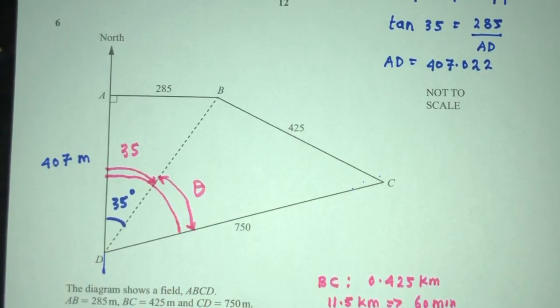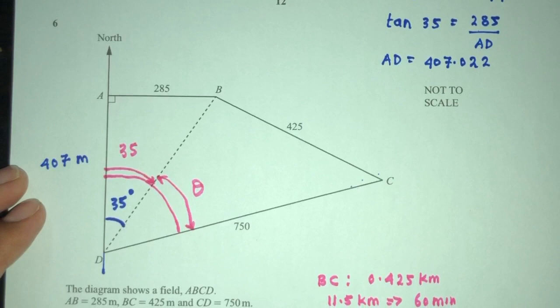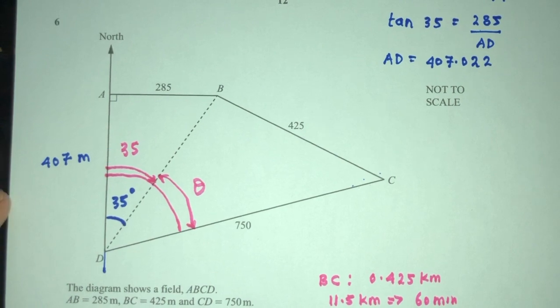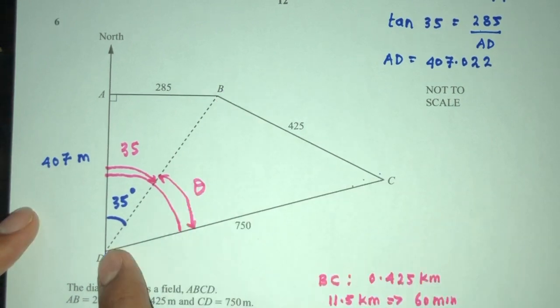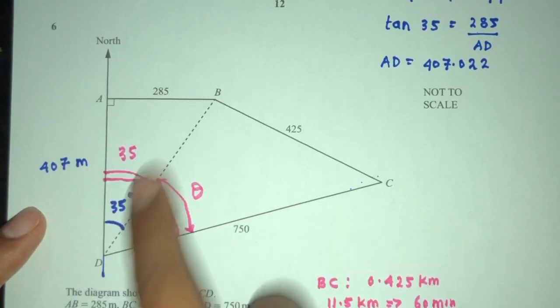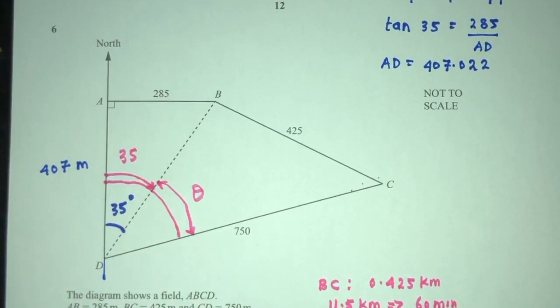Now we can think, should we find this angle? But one thing we can do here is we realize that after some reflection, we actually can find the side BD, right? How would you find BD? Pretty easily, because ABD is a right angle triangle. And if it is a right angle triangle, we can use the Pythagoras theorem.